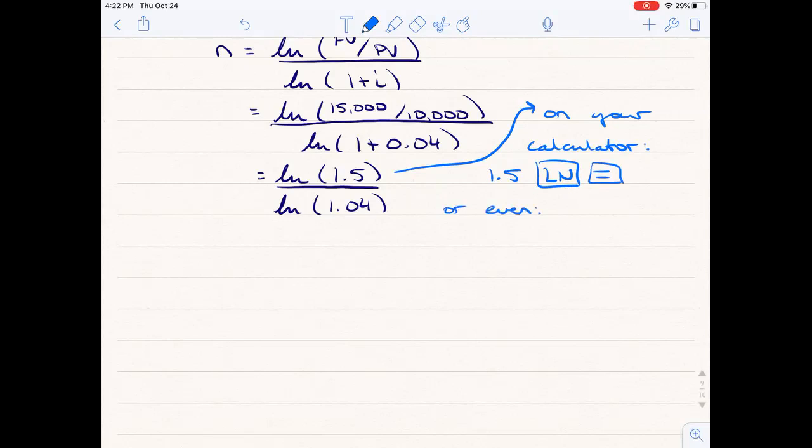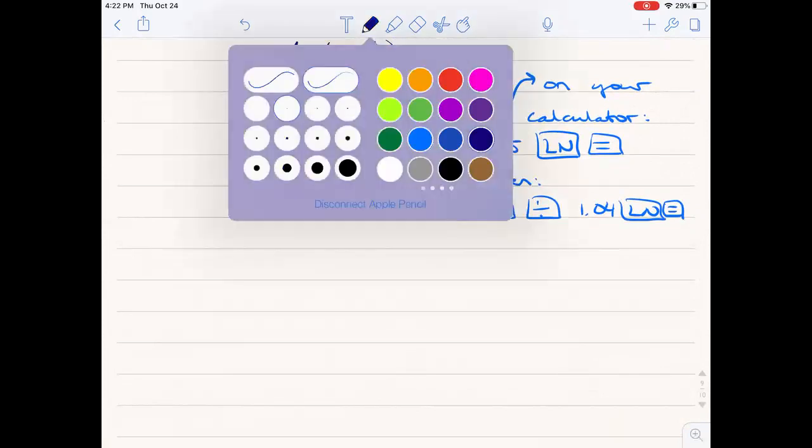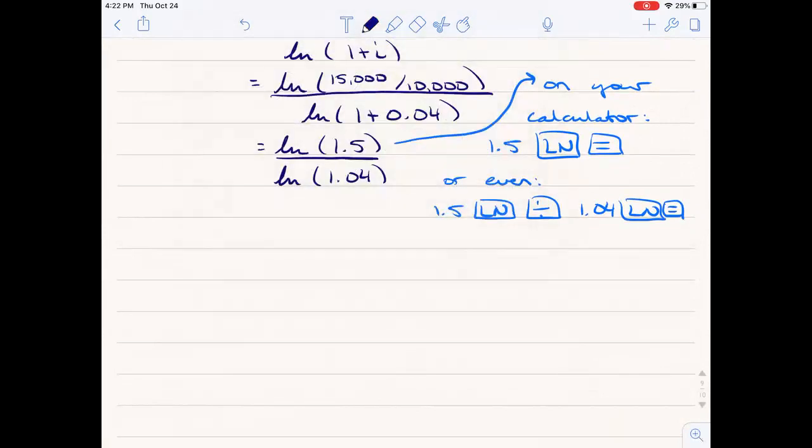Or even, 1.5 ln divided by 1.04 ln, and then equals, to do the whole thing. So if I do 1.5 ln, which is on the left-hand side, divided by 1.04 ln equals, sure enough, I get the right answer. I get 10.33803507.